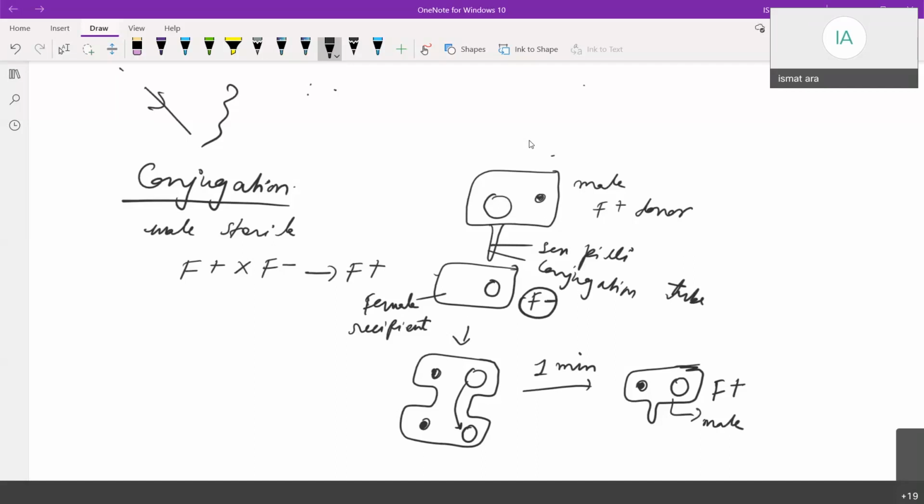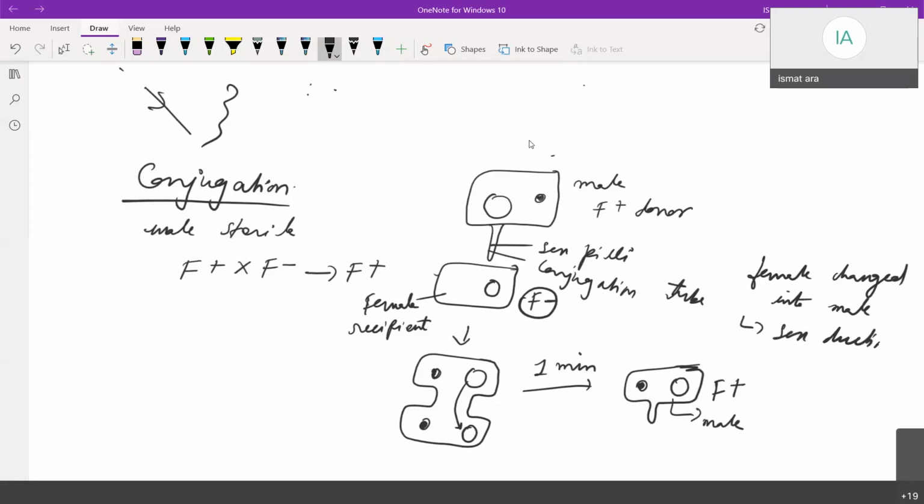So this is one type of conjugation, students. So what we have seen here is that female has transformed into male. Female changed into male. This type of process is called sex reduction.